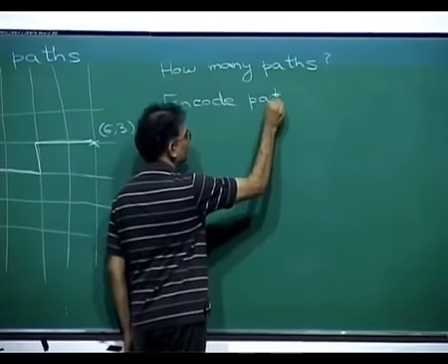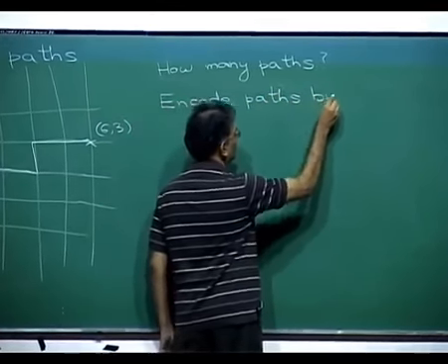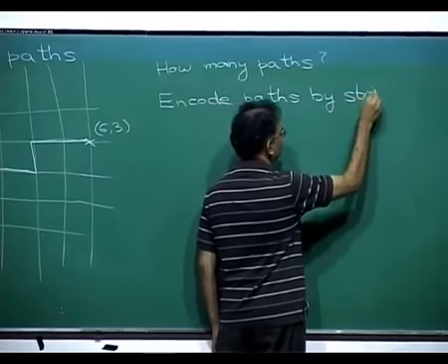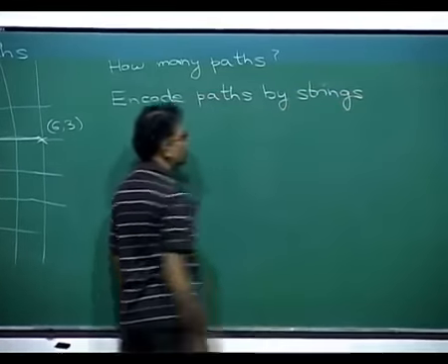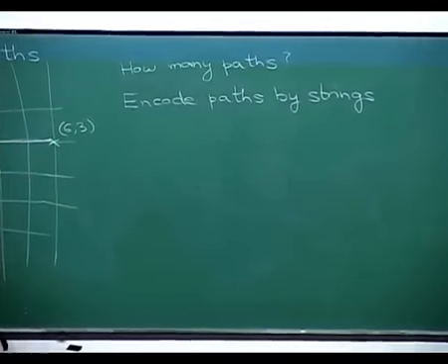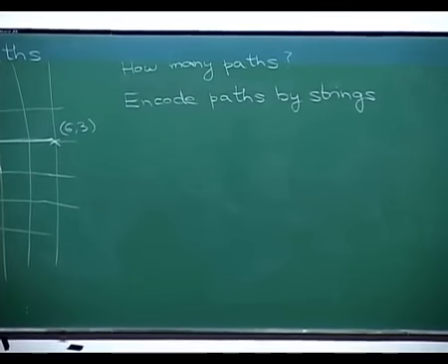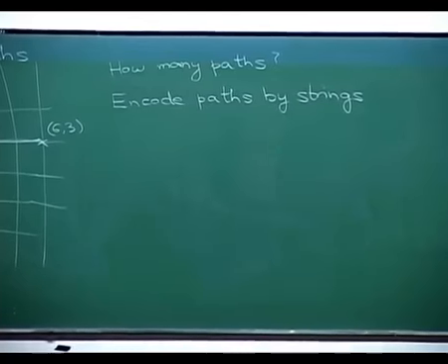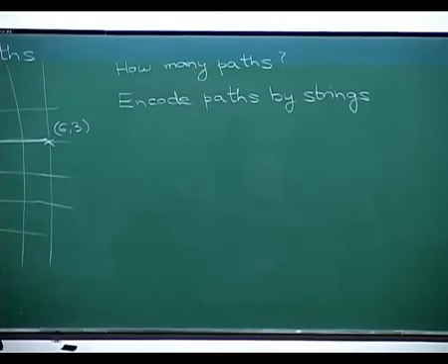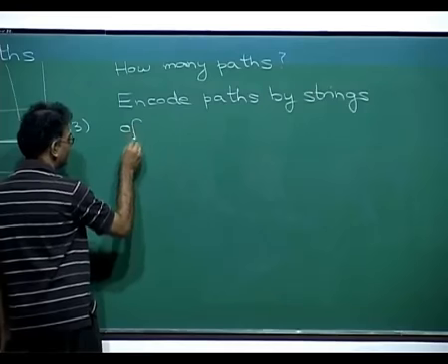These are strings involving only 2 letters, either U or R. You are not allowed to go down, you are not allowed to go to the left. You are only allowed to go up or to the right by 1 unit.